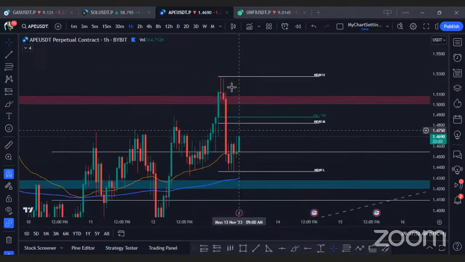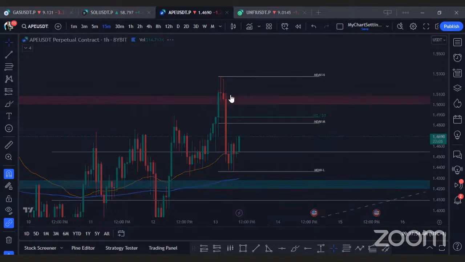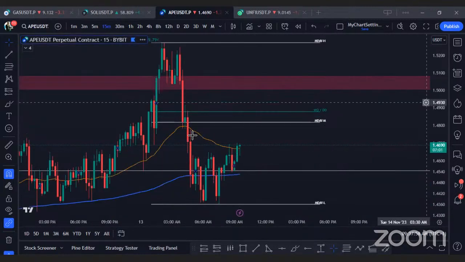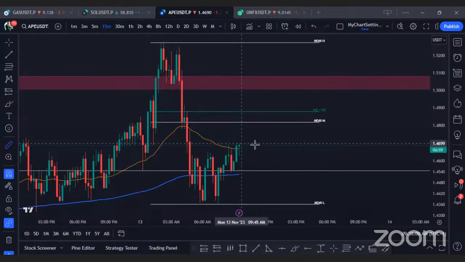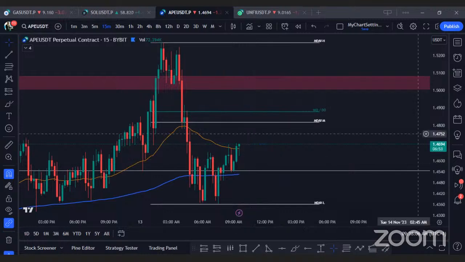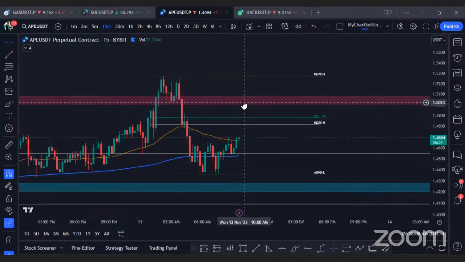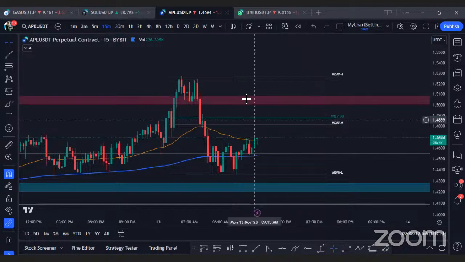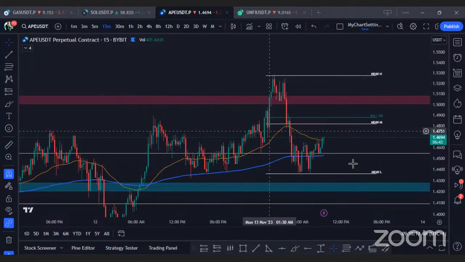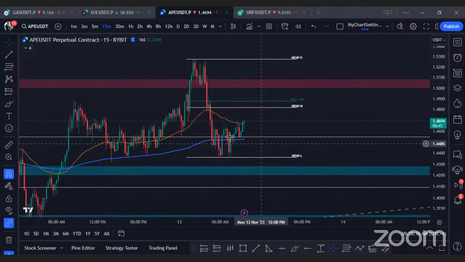But for this thing that is going up here, you should equally pay attention that we do have a resistance up here, right? So if you want to long, let's say from here up there, you can get like 2%. So if you want to go long, you can do a market order right now and target that $1.5 level for this quick scalp. Yeah, that's a quick scalp for you.